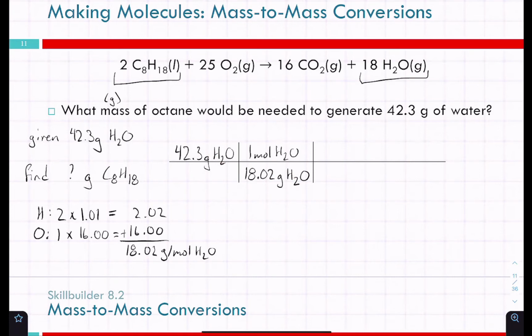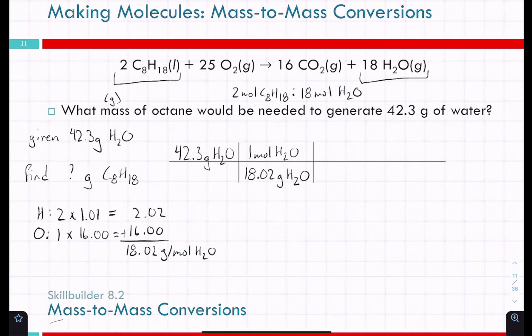Or would we do 1 and 9? You could do 1 and 9. Both are valid. Both will get you the same thing. The reason you could do 1 and 9 is because you can divide 18 by 2. I'm going to go with 2 and 18. But yes, both work. So 2 moles of octane, 18 moles water.